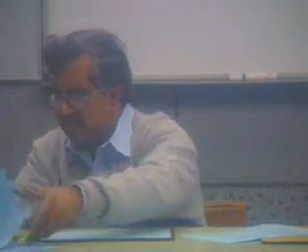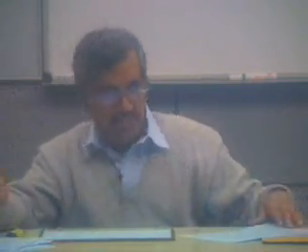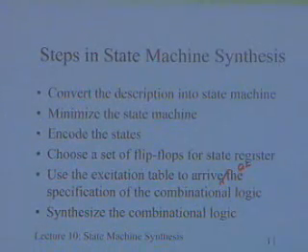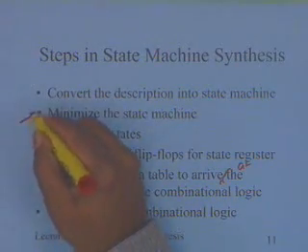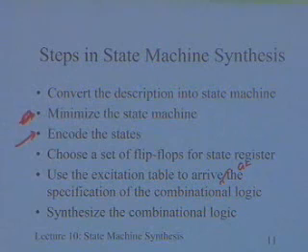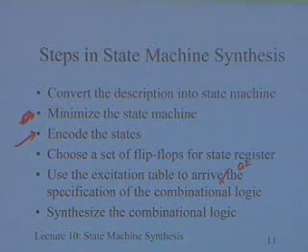A key step which can have a lot of implication on what you do later on is encoding the states. The way you encode the states has an implication on the complexity of the logic.